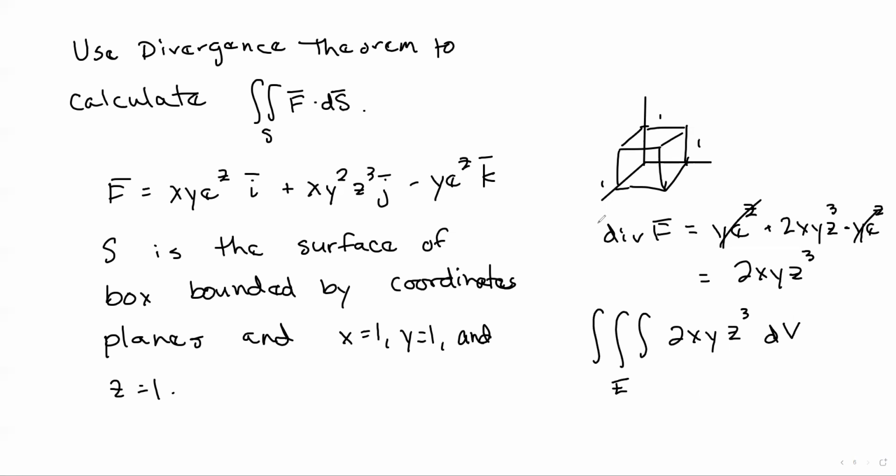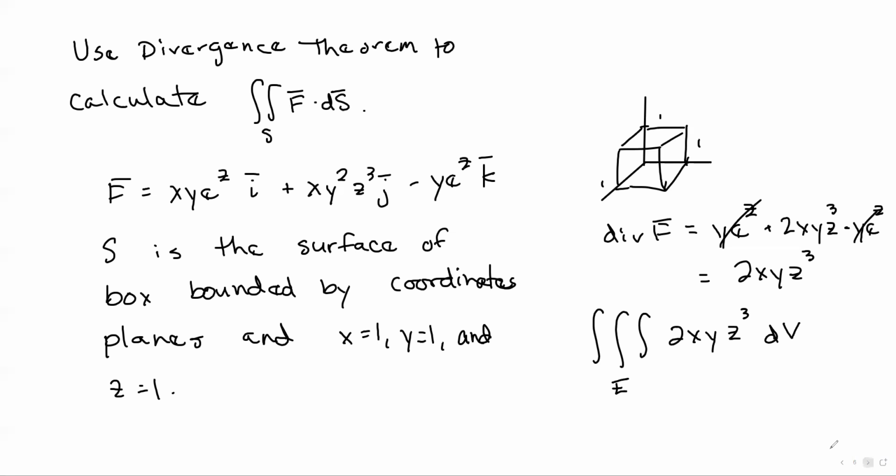Since the sides are all constant, or all flat like that, we can do the triple integral just with very simple bounds. We can go 0 to 1, 0 to 1, 0 to 1, and the order of integration doesn't matter. So let's just do that. We're going to have 0 to 1, 0 to 1, 0 to 1, and we've got 2xyz cubed.